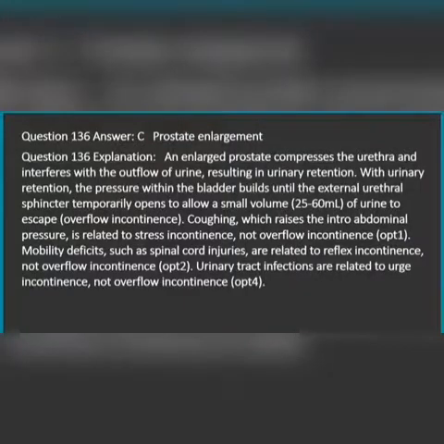Coughing, which raises the intra-abdominal pressure, is related to stress incontinence, not overflow incontinence. Opt 1. Mobility deficits, such as spinal cord injuries, are related to reflex incontinence, not overflow incontinence. Opt 2. Urinary tract infections are related to urge incontinence, not overflow incontinence.